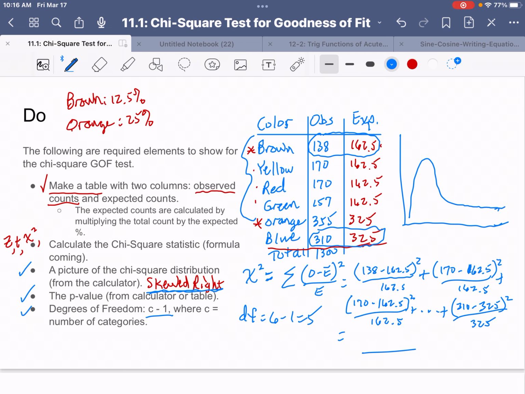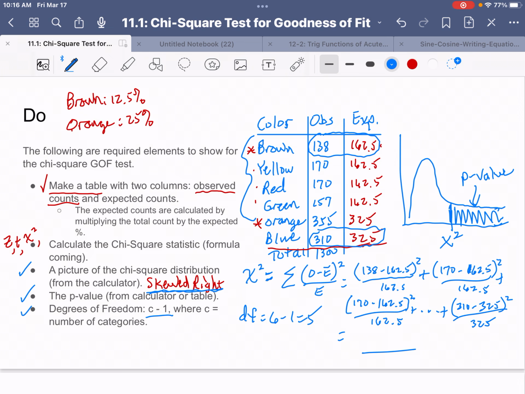Once you find chi-squared, you're going to mark it and then shade to the right every single time. And the calculator is going to tell us what the p-value is, okay?